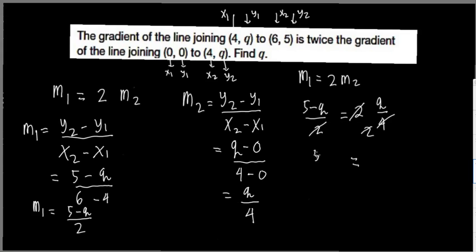We get 5 minus q equals q. Moving the q, we get 5 equals 2q. And then q equals 5 over 2, or 2.5.